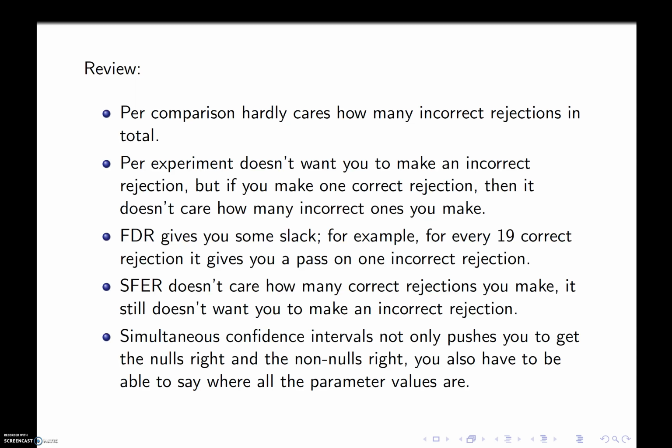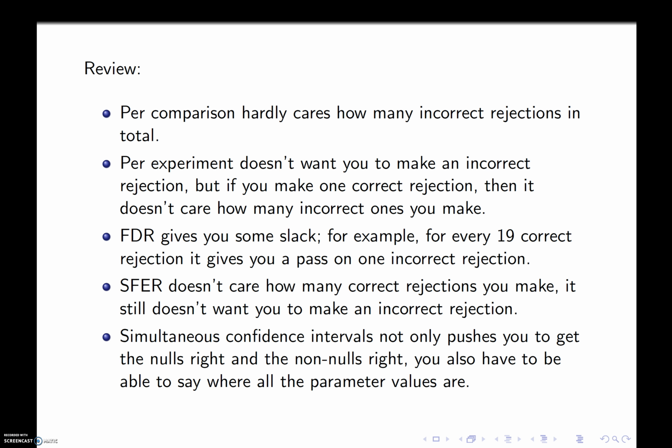Per experiment doesn't want you to make an incorrect rejection, but if you make one correct rejection, it doesn't care how many incorrect ones you make. Okay? So per experiment says we don't want any incorrect rejections, but if we do make one, it could be 100, and we don't account for the number.